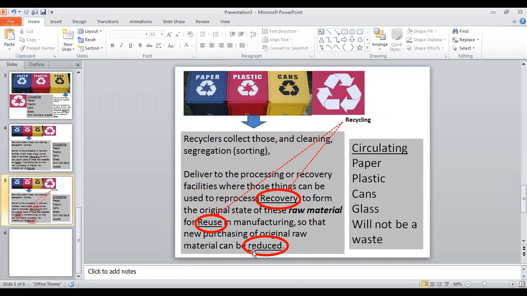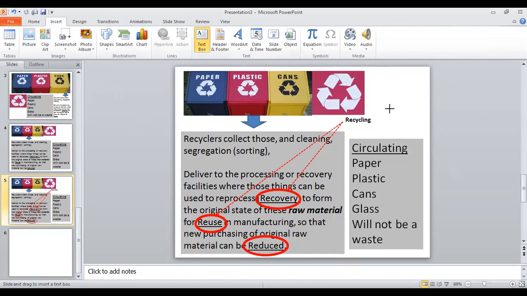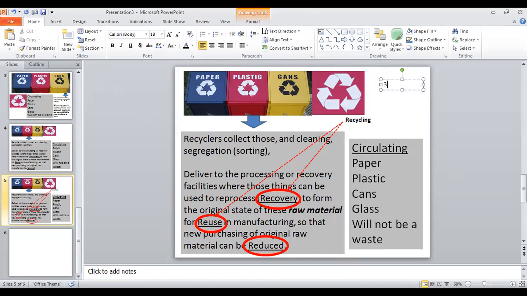So you have 4 R's: recycling, reuse, recovery, reduce. But you are familiar with only 3 R's.